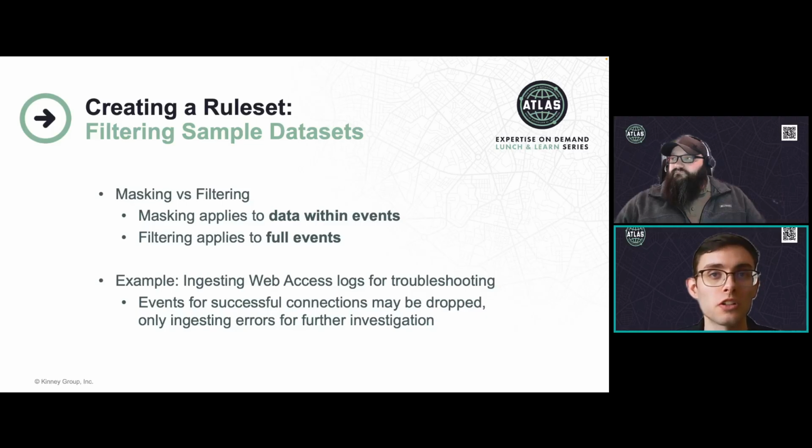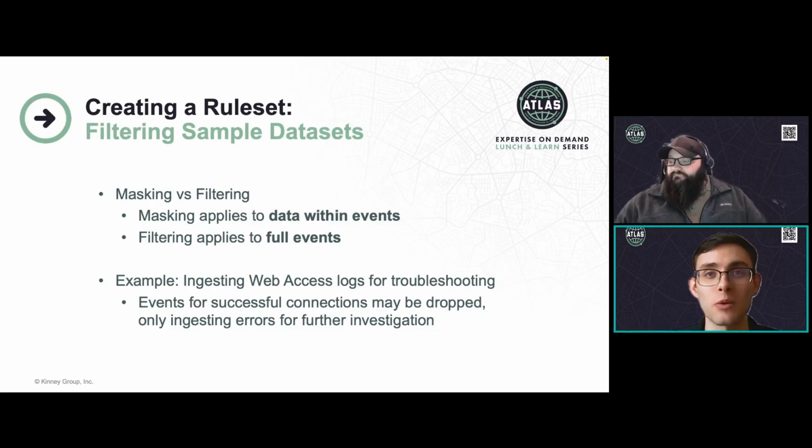So we're looking to find a consistent pattern. As we discussed, this applies to a specific source type. And if we have a field with a particular value that we're able to key in on and show that we don't want to ingest, then filtering lets us not only remove, say, that field, but because that event is not relevant to what we want to be investigating, we're able to drop the entire event.